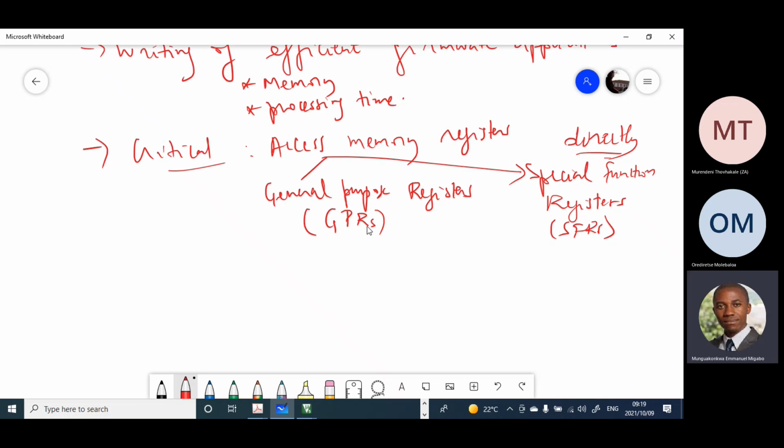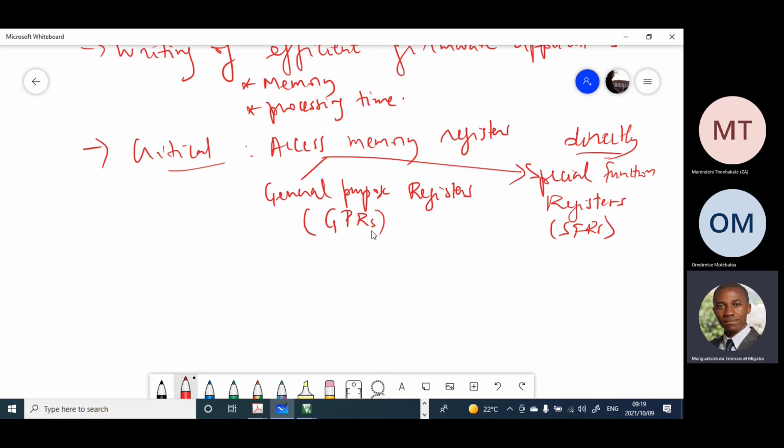And accessing memory by its address requires you to know the architecture of the mini computer, or the microcontroller in this case, because that allows you to know how much memory you have available in terms of ROM and RAM, as well as flash memory. In general, in terms of program memory and data memory, you need to know exactly how much you have available, and which part of memory is byte addressable or bit addressable.